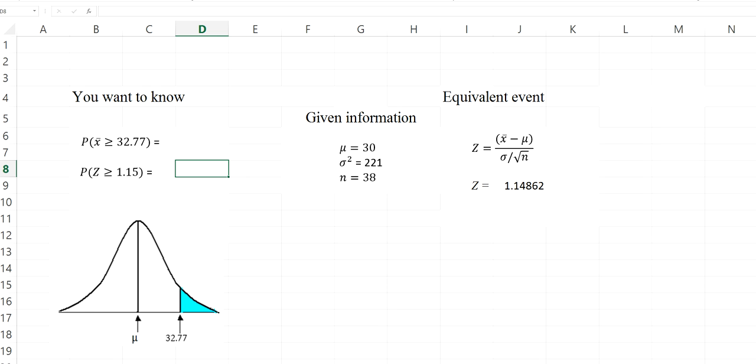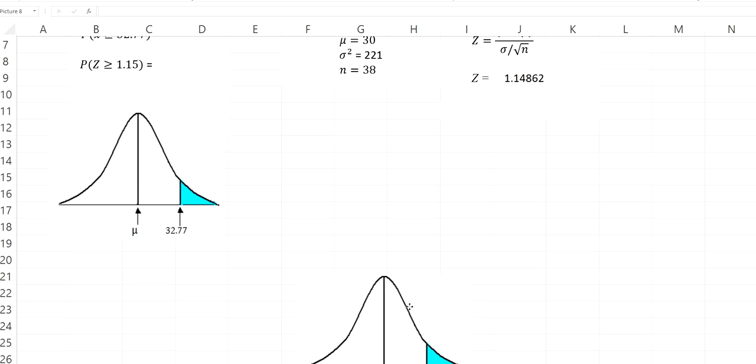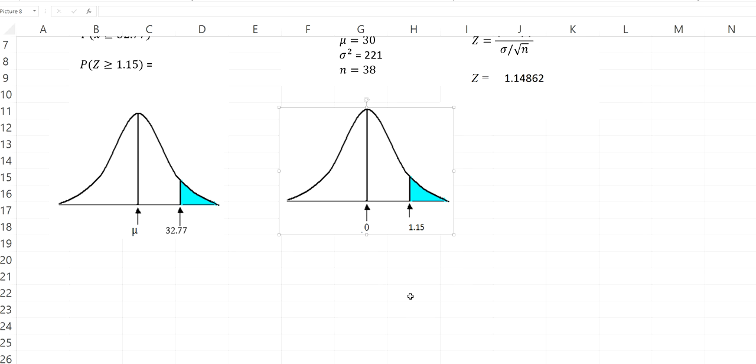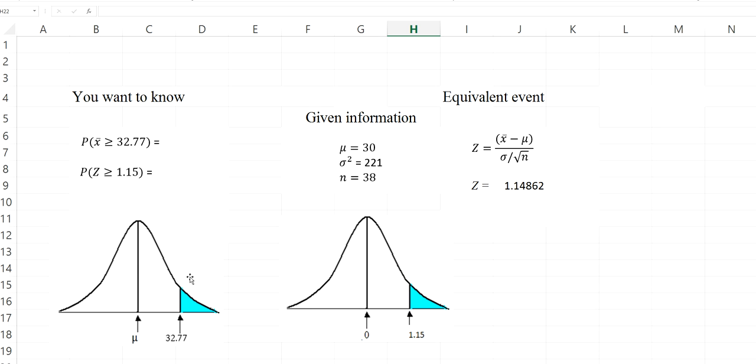How are you going to compute that probability? Well, look at the Z distribution. It is basically the same area. This is the distribution of X bar. This is the distribution of Z. However, this area and that area are the same. So in this case, you're going to use equal to 1 minus NORMSDIST of 1.15, enter.